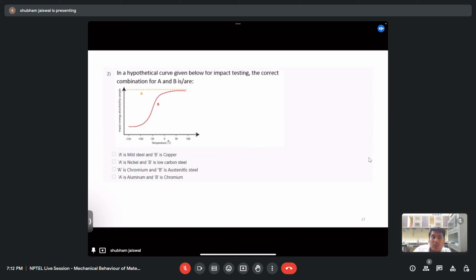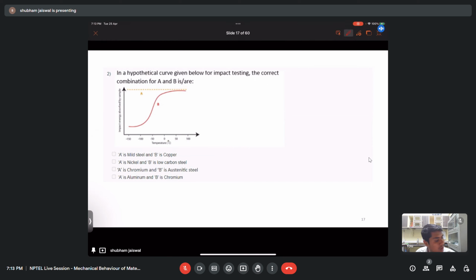In the quick recapitulation also we have covered this part, so from that also you can answer. You can refer to that section and answer. Okay, let's solve this.